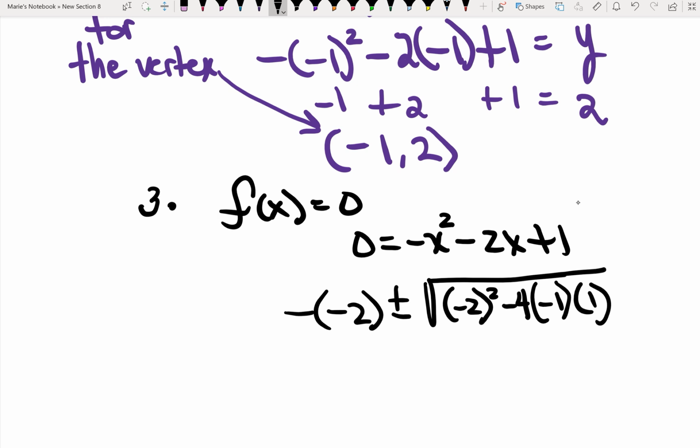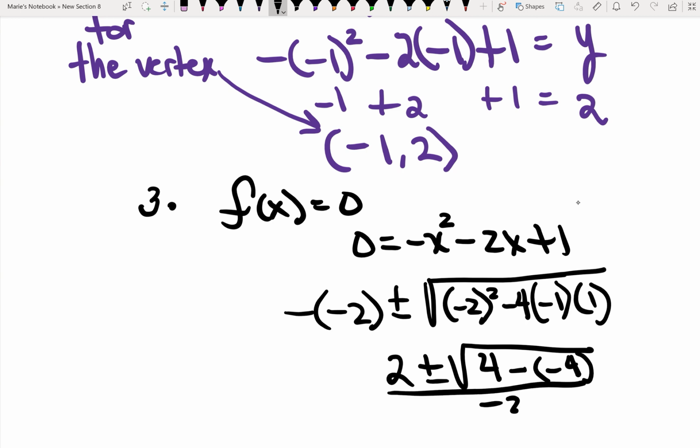So this will result in 2 plus or minus the square root of 4 minus 4. And all of this is over negative 2. I forgot to do that part. Remember, this is 2a, so 2 times negative 1.